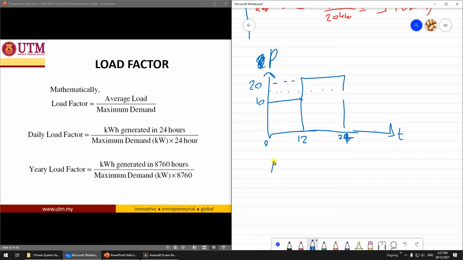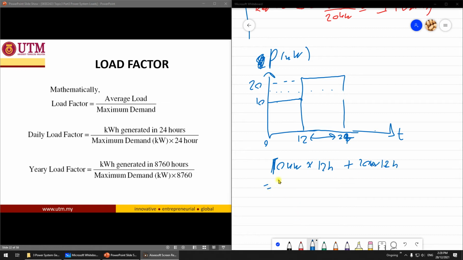So this one is 10 kilowatt multiplied by 12 hours, plus another 12 hours of 20 kilowatt multiplied by 12 hours.